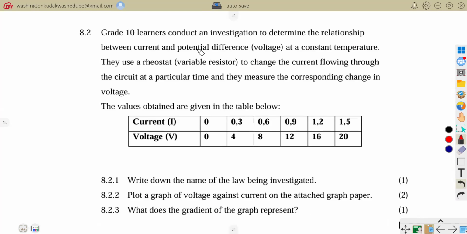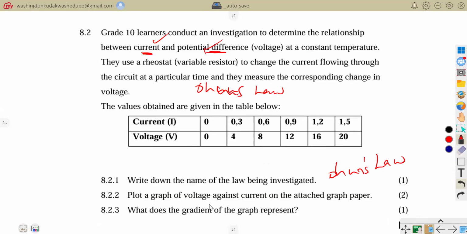So here the learners are investigating the relationship between current and potential difference. And that relationship is given by Ohm's law. Now they're saying write down the name of the law being investigated. This is just Ohm's law.